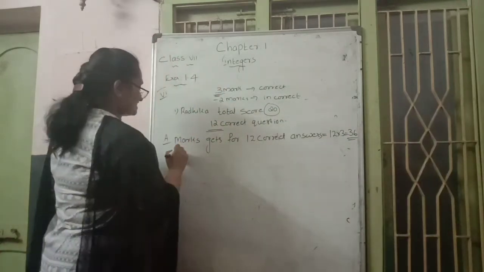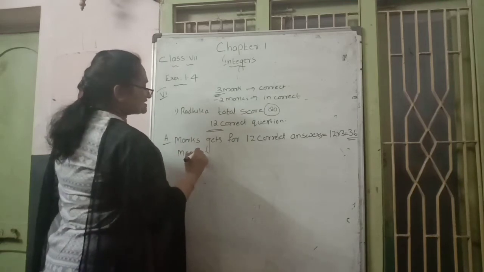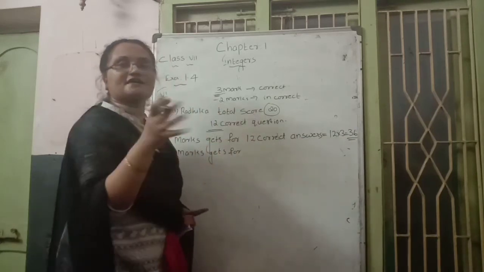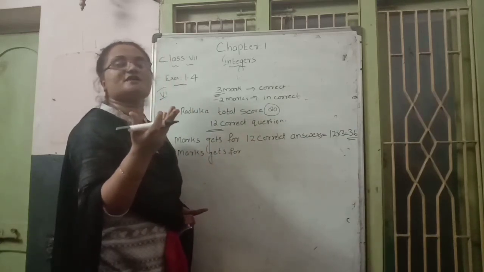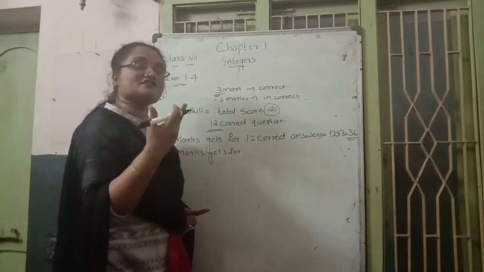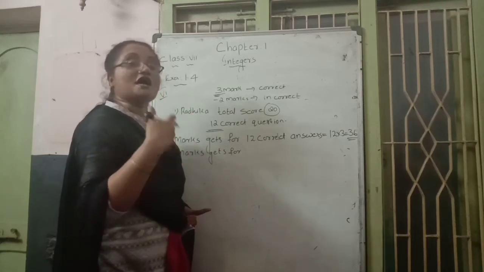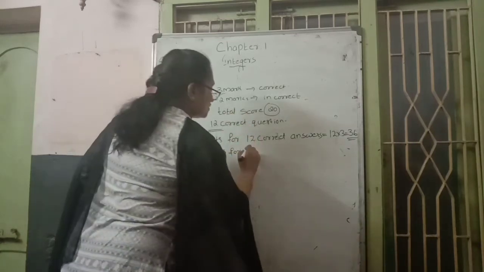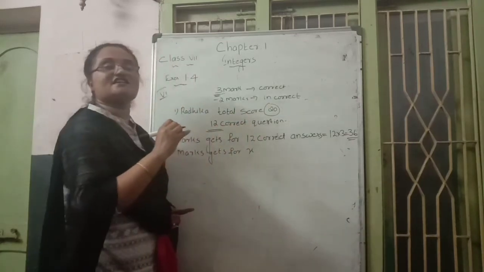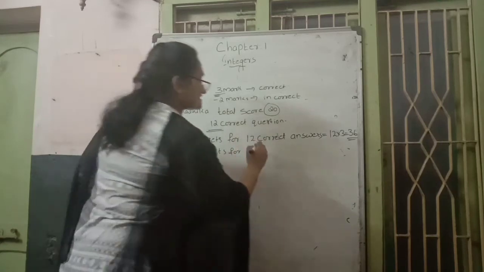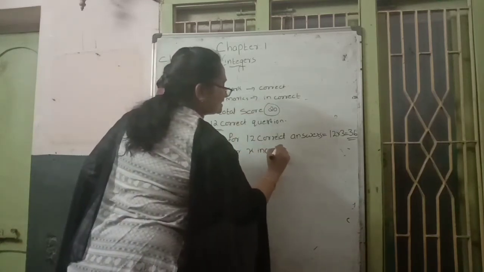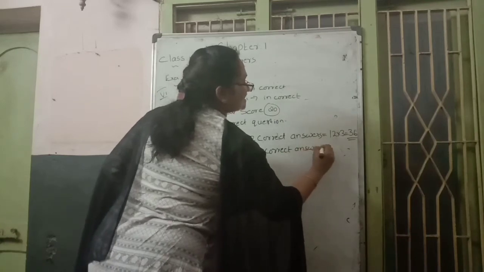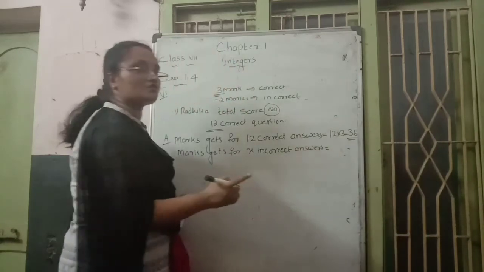Then the minus marks. That means marks gets for the number of incorrect questions. We don't know how many questions she made mistakes in. In that situation, what do we do? For an unknown case we consider an alphabet X. So for an unknown number we consider it as X. We don't know the number of incorrect answers, so X incorrect answers.